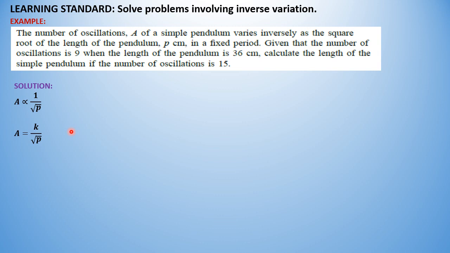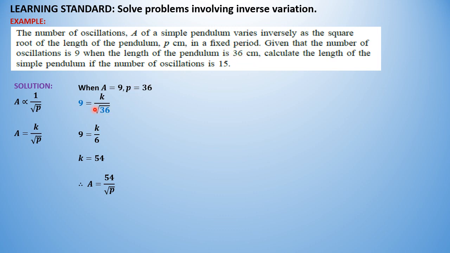Okay, next step, we have to substitute the value inside. Okay, we look at the second sentence. The number of oscillation represents A. So A equal to 9. And then length of the pendulum. Length is P. So P is 36.